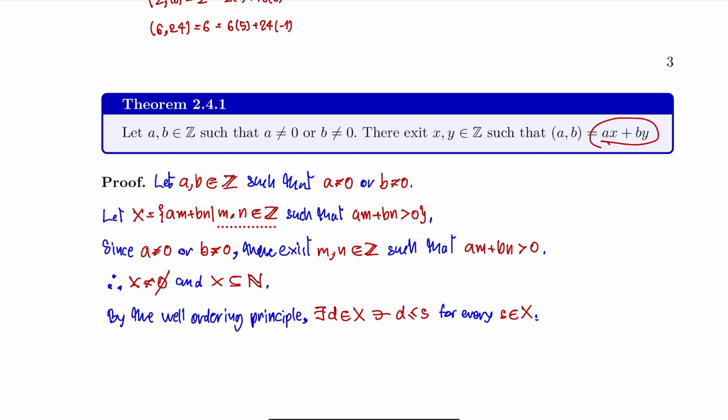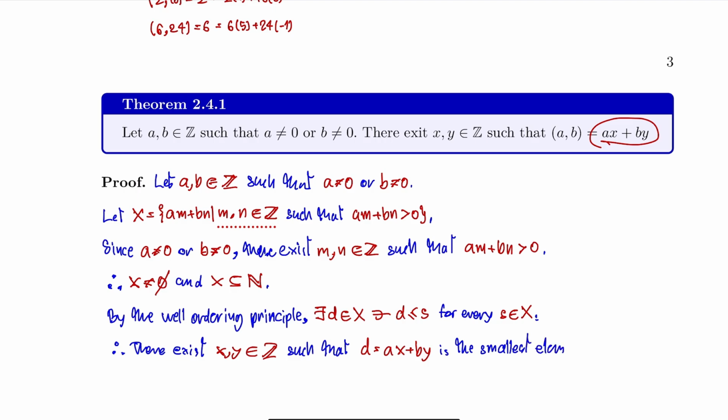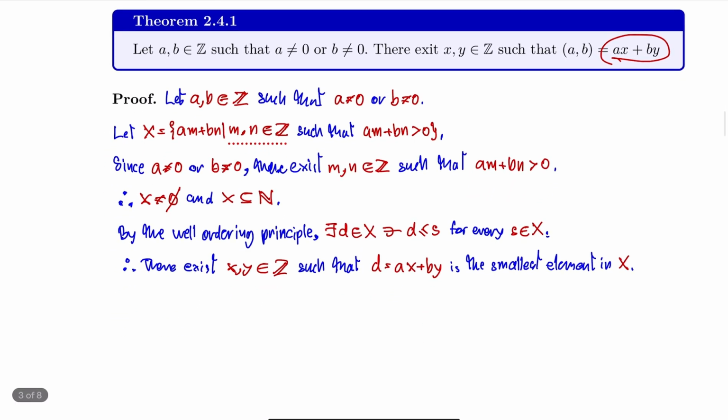What does this mean? d is in set X, which means there exist integers x and y such that d equals ax plus by, and this d is the smallest element in set X. We can pick element d from this set X, and d is the smallest one.